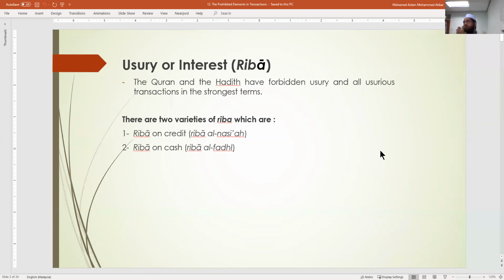So you don't expect every time a scholar to come and tell you that particularly this business is prohibited, particularly this company is prohibited, particularly this way of transaction contract is prohibited. You don't expect that every time, right?